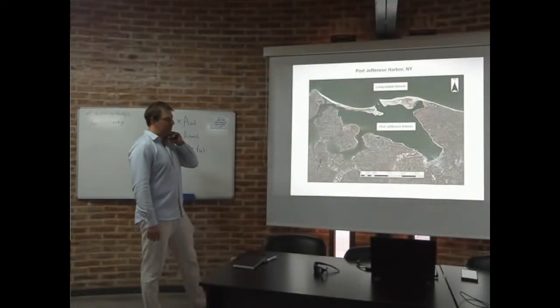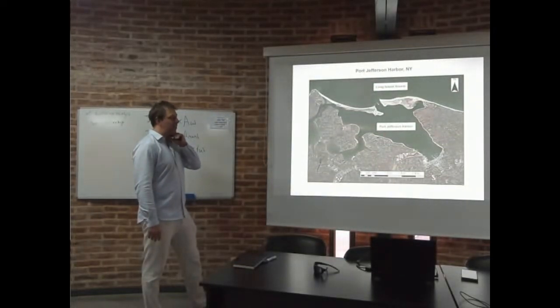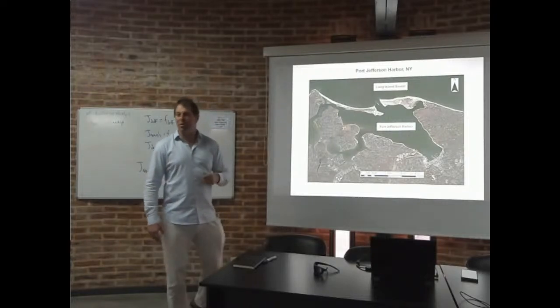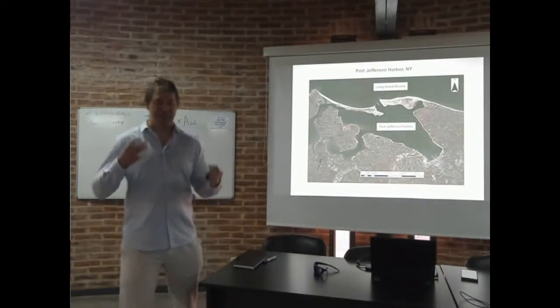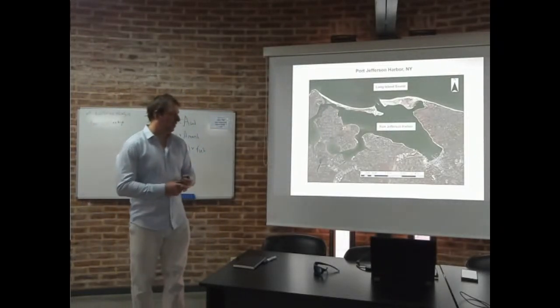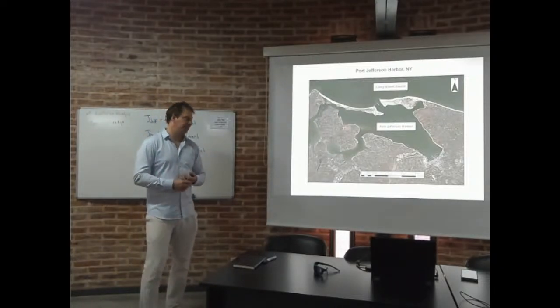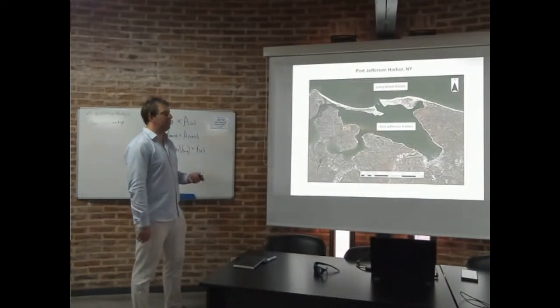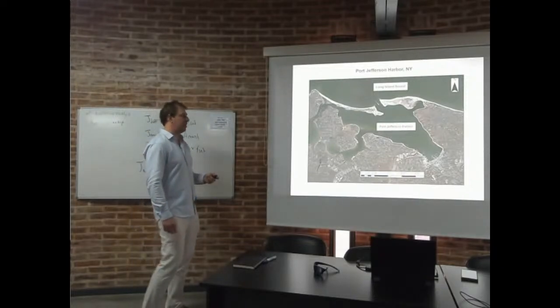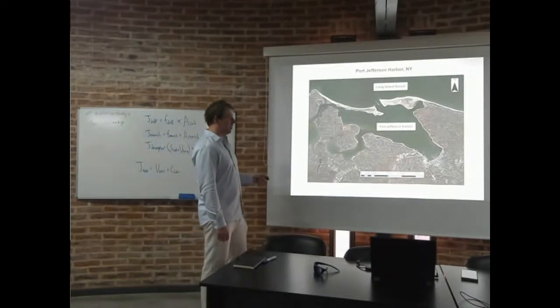So we did this in a couple of different spots, and this is where radon comes back in. We wanted to use radon to kind of validate this idea. So the first place we did this was in Port Jefferson Harbor, New York. Port Jefferson Harbor, New York is essentially a sandy, unconfined aquifer with a bit of elevation near it.